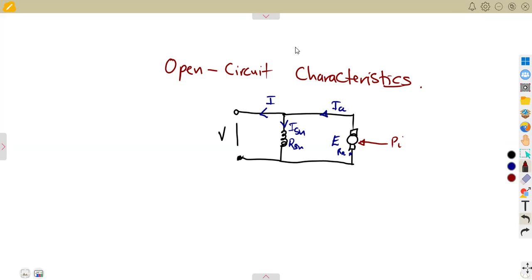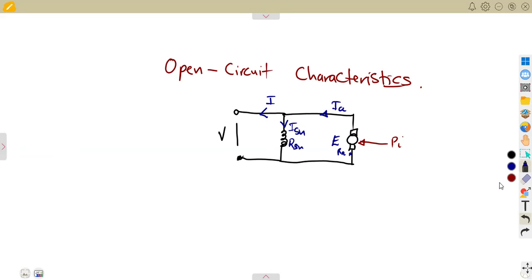If the resistance of the field is reduced, or there is a change in this resistance, it is going to affect even the voltage that we have at the end. So you will be given the open circuit characteristics.